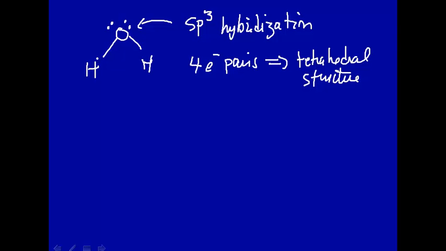The molecular structure, of course, is bent, but when you do the valence shell electron pair repulsion model, you have to consider both bonding and non-bonding electrons. All right, so if you have tetrahedral structure, then this implies you have sp3 hybridization. So in fact, that's how you have to get the structure, and then you get the hybridization.